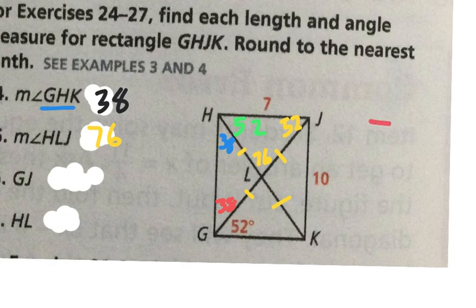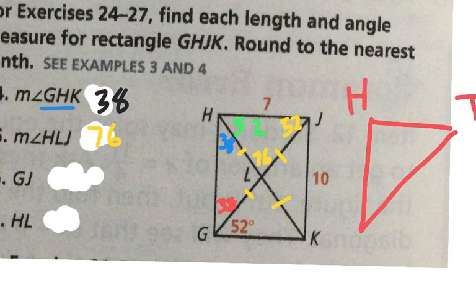Either one would work. So this is HJG. We know that H to J is 7. H to G would be 10 because opposite sides are congruent with a rectangle. And then I'm looking for this. This is my hypotenuse. We call it C.